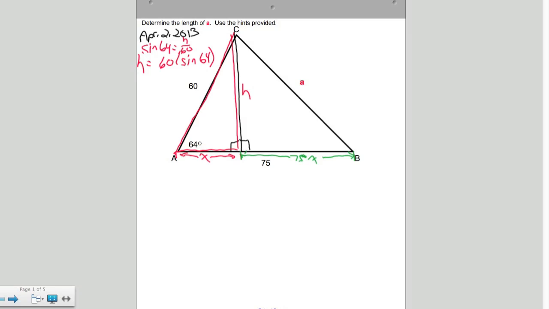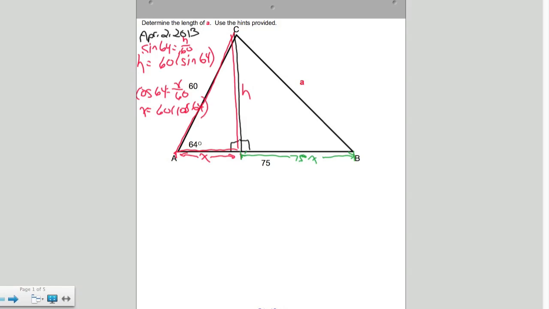Okay, can we do something similar with X? What can we do with X at 64? Yeah, we can use the cos, right? So here we have cos of 64 is equal to X over 60, where X is equal to 60 times the cos of 64.